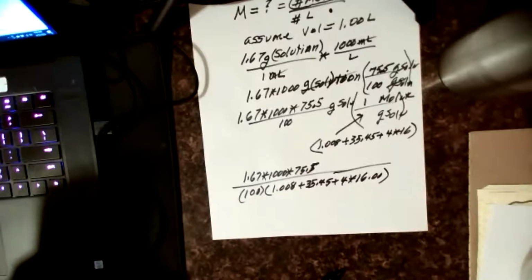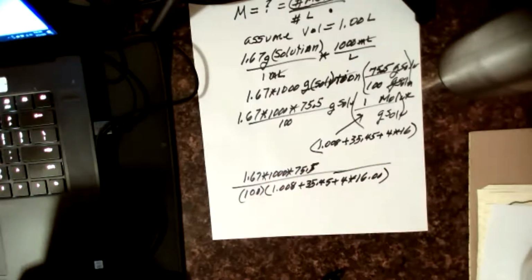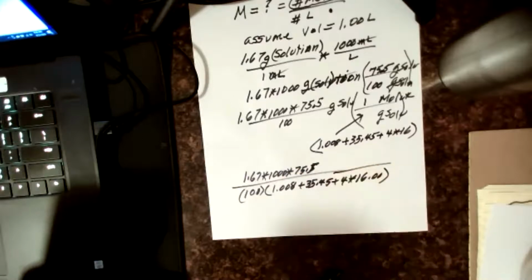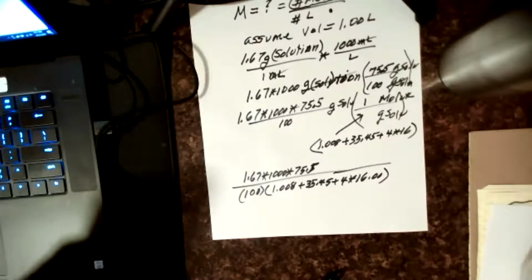So it's 1.67 times 1,000. Yeah, I know I could divide that by 100 down here. Okay, I'm going to do what I set out to do. Times 75.5 divided by 100 and divided by the left parenthesis 1.008 plus 35.45 plus 4 times 16 and close my parenthesis and double check it.